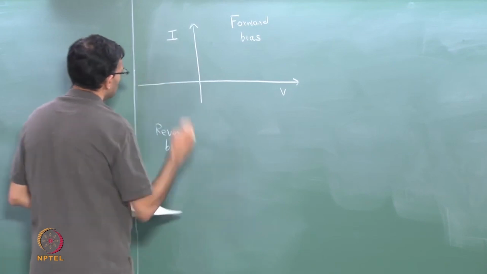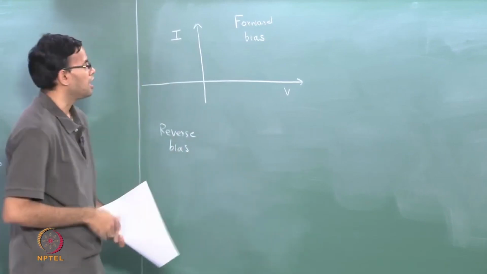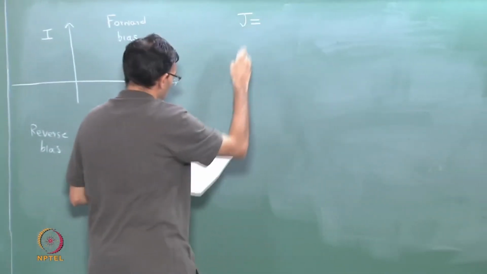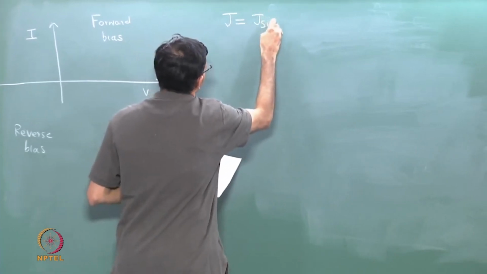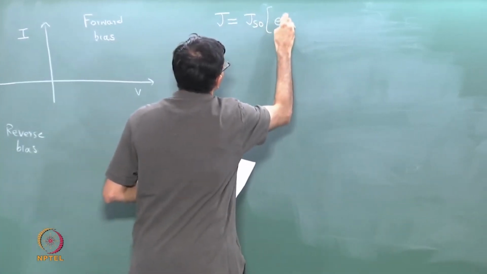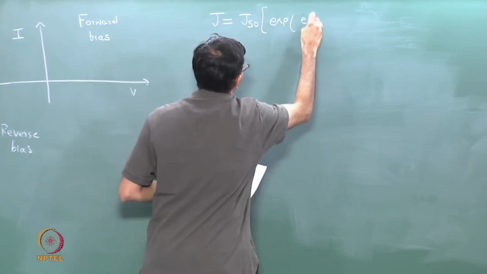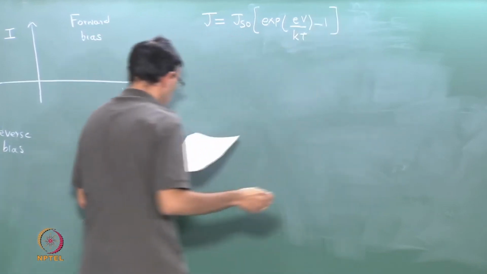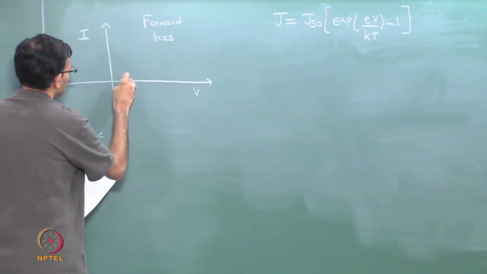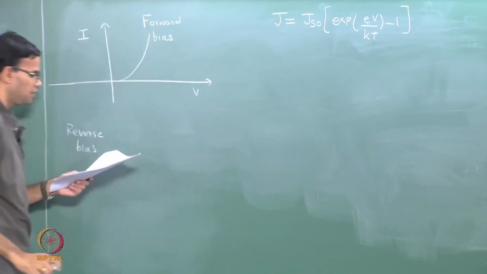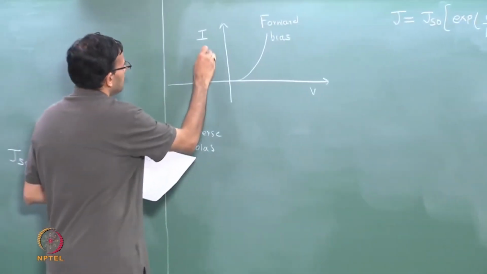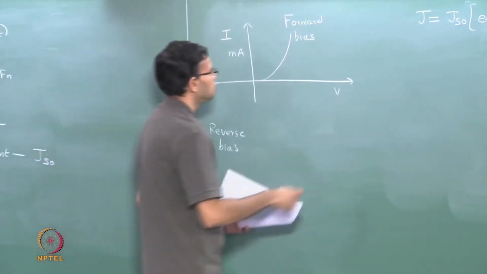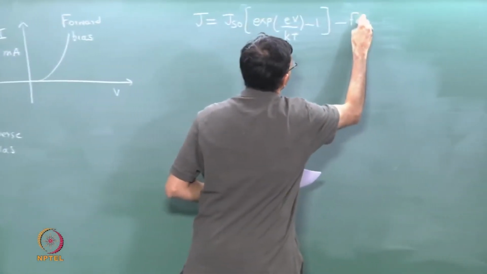You just extend this axis. So we found out that in the case of forward bias, we have a current that increases exponentially with the applied voltage. So if you were to draw this, I have a current that increases exponentially. Typical values of the current are of the order of milliamps. So this is in the case of forward bias.